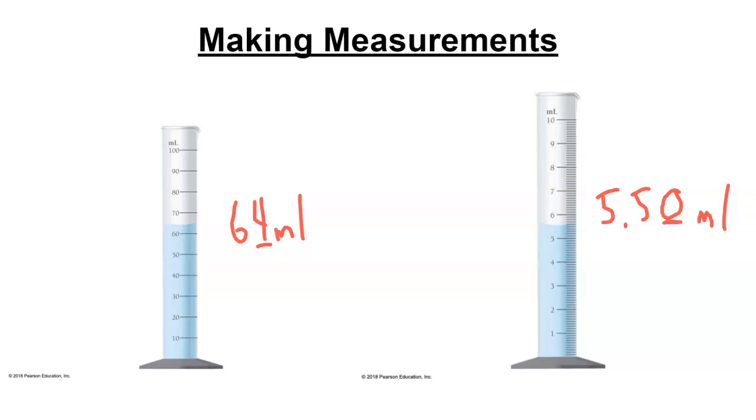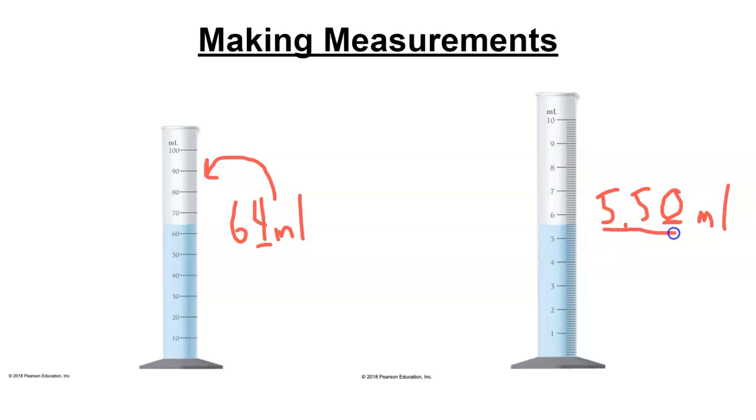Now, why are we doing this? Well, the reason is a little complex, but we want our recorded measurement that we're reporting to our reader, 64 milliliters or 5.50 milliliters, to give us some information about how precise the instrument was. When I see 64 milliliters, I know that was measured using a graduate that was marked every 10 milliliters.